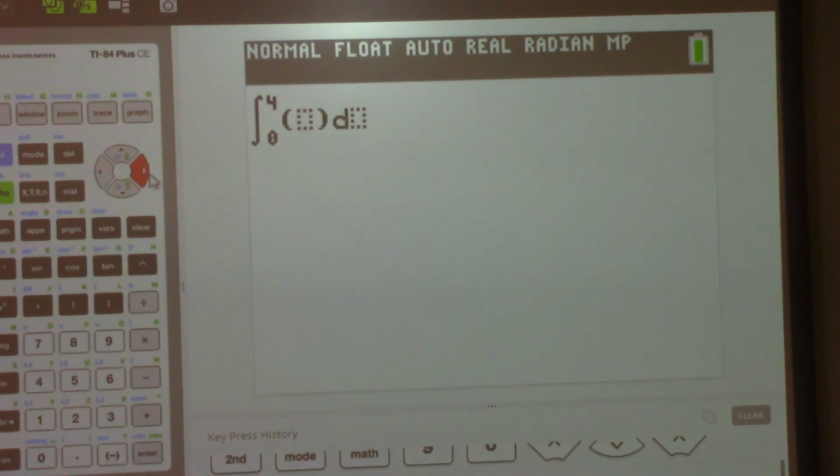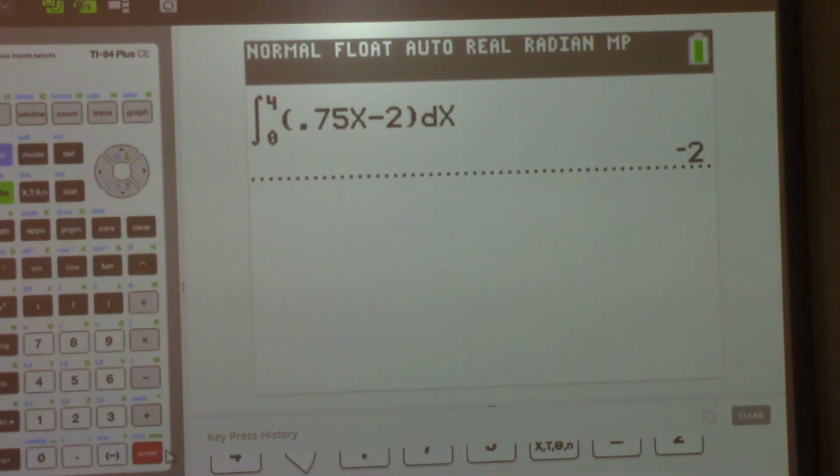And we have 3/4 x minus 2, so I'm going to put 0.75x minus 2. And we go over here and we put in x. And we get negative 2. Is that right? Let's go look at it.